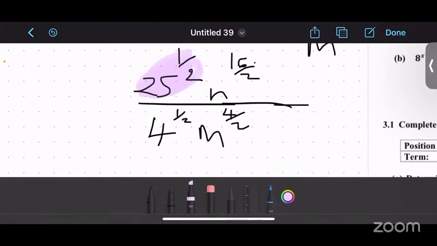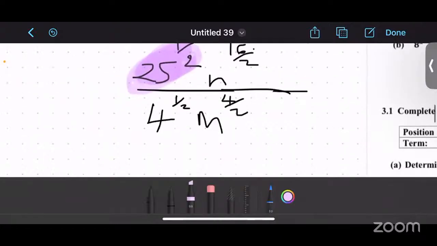So making use of your calculator speeds up the process and eliminates the time you'd spend trying to think, what is 25 to the power of 1 over 2, 25 multiplied by what? So I think it's better to use a calculator on something like this, not the whole thing.